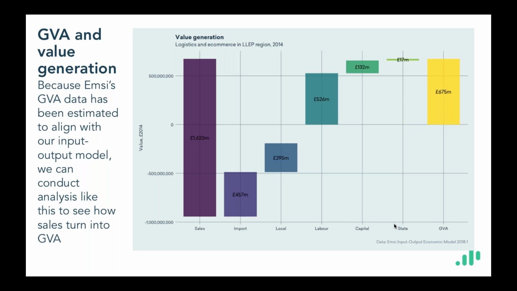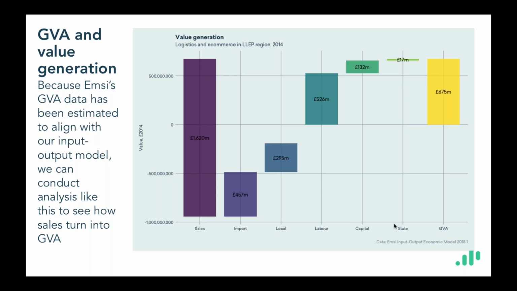So here we're looking at a particular cluster, logistics and e-commerce. As you can see, this large column on the left-hand side is the total sales, and anything above 0 is the GVA that's been created. But then we can also look at that in more detail.